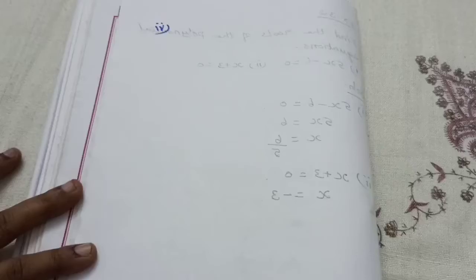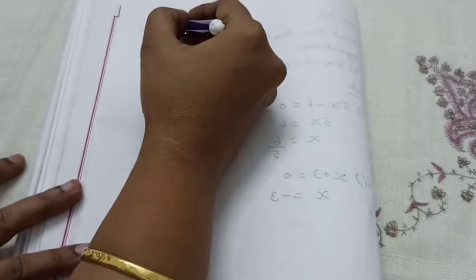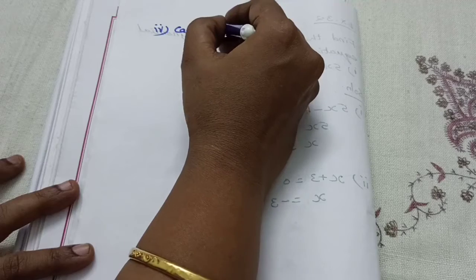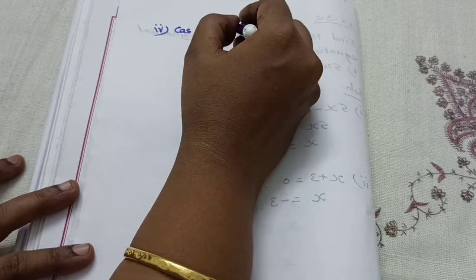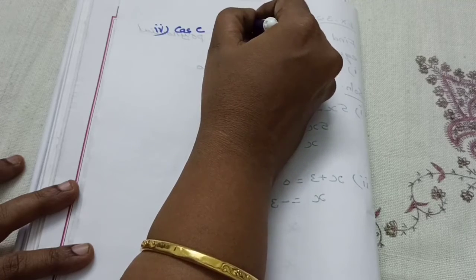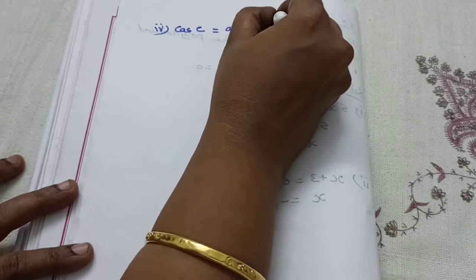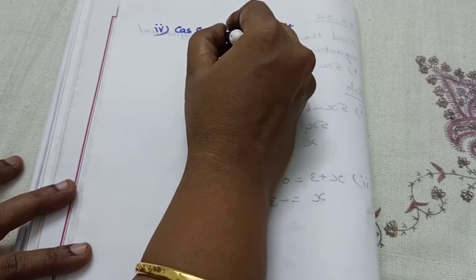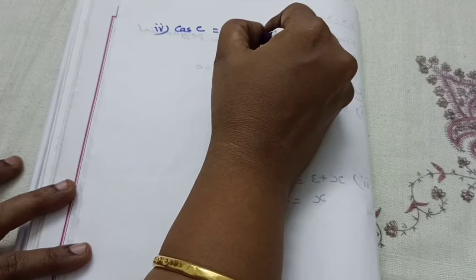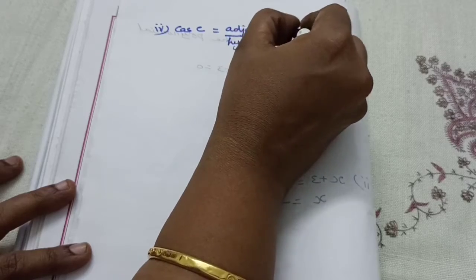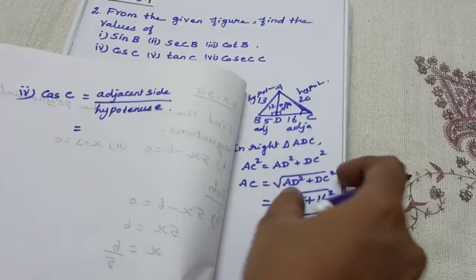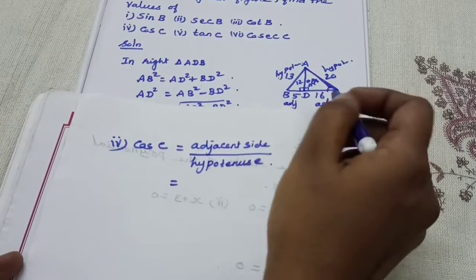This one, cot B. Next, fourth one, cos C. Okay, cos theta is, what's the ratio? Adjacent side divided by hypotenuse. Then equal to, here cos C, isn't it? So what we can write here?